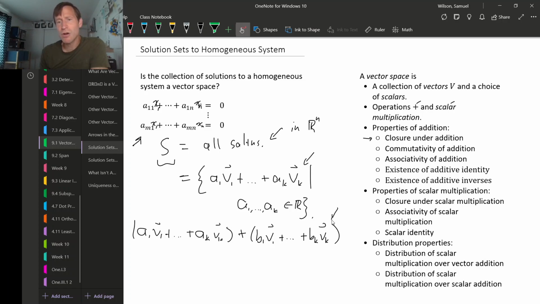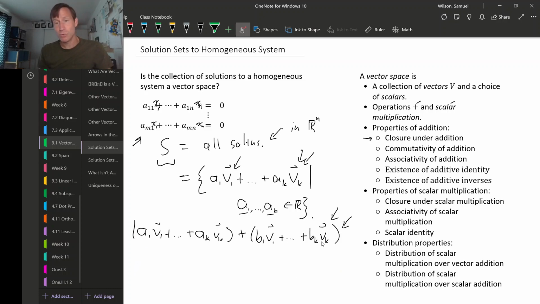And these v's are the same v's, right? The whole point of all the work that we went to, to figure out the structure of a collection of solutions for a homogeneous system, was that you find these vectors once and then that's it. They're fixed. Those vectors are always the same. It's just the coefficients that change to give you different solutions. So the coefficients in this second one are different. They're the b's, but the vectors v are the same.